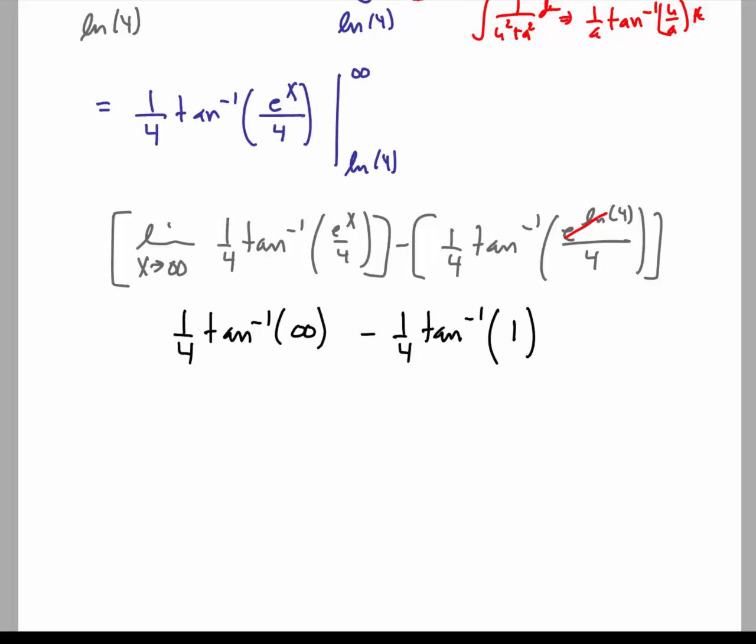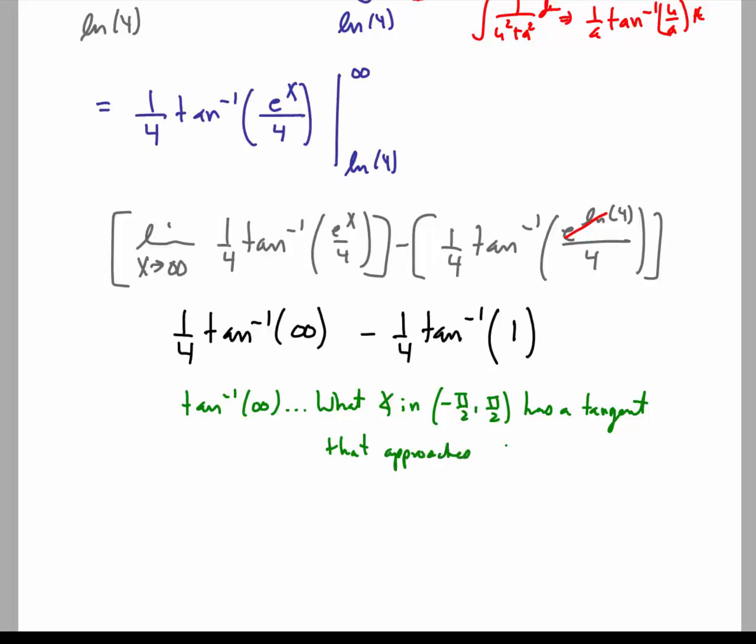And then I have two inverse trig functions here to work with. So let's look at the inverse tangent of infinity. This means what angle in the interval from negative to positive pi over 2 has a tangent that approaches, it doesn't equal infinity, it approaches infinity.